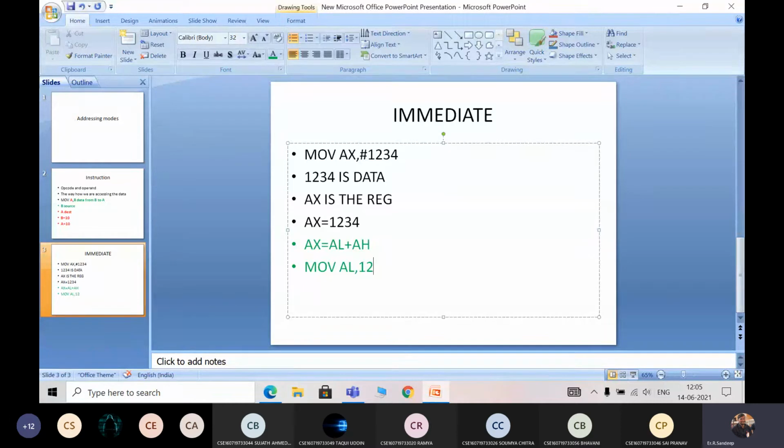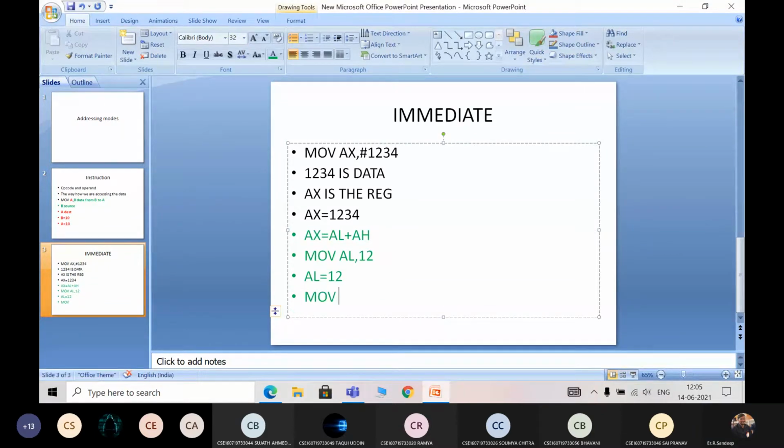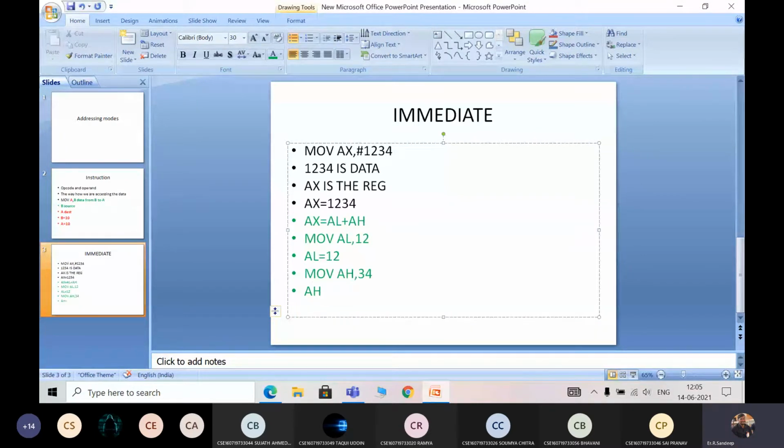If you use MOV AL, 12, it will understand AL is the lower register and the value of AL is 12. Or if you want to move other data, like MOV AH, 34, after executing this AH is equal to 34. This is the way we move 8-bit data into a register.